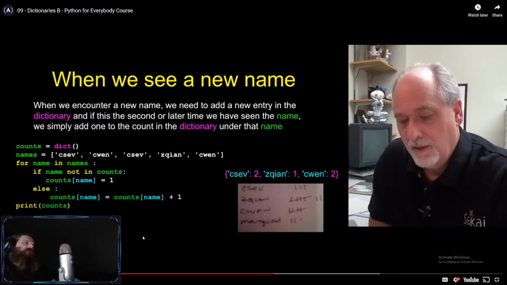So it's counts name equals counts name plus one. csev 1, 1, 2, 1, 2. That is how that would run.